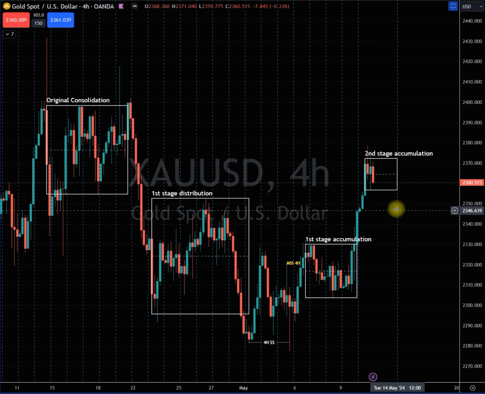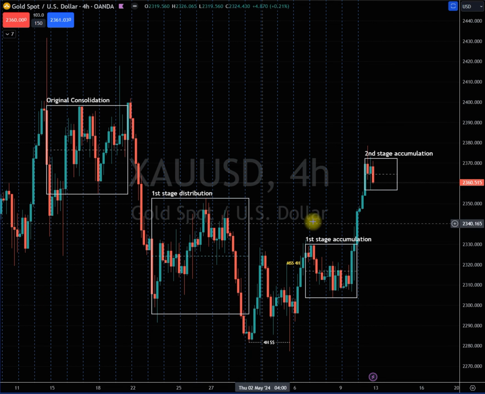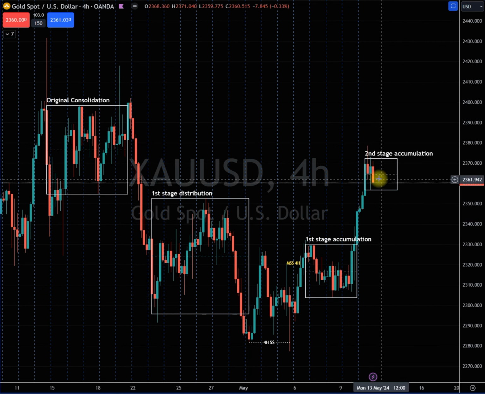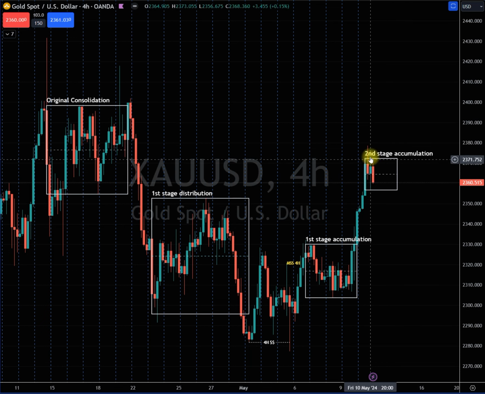Now if we truly are in a market maker buy model, we want to see price rally or expand higher from this second stage accumulation with speed.